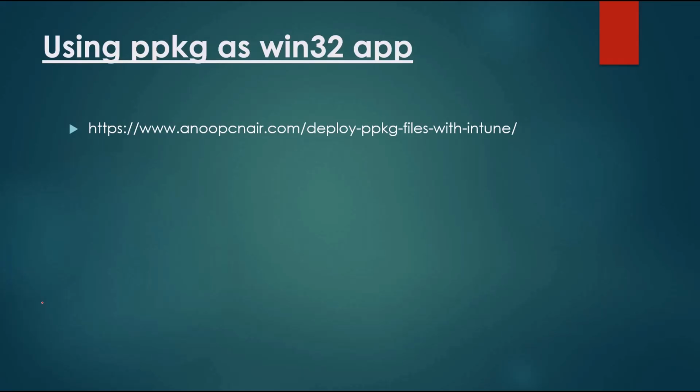So we will have to insert a USB drive or keep it in a shared network, and then copy and paste it from there to the device, and then double click and run it, or run it via UB or whatever the case may be. So in that case, the provisioning package is not being deployed via Intune.